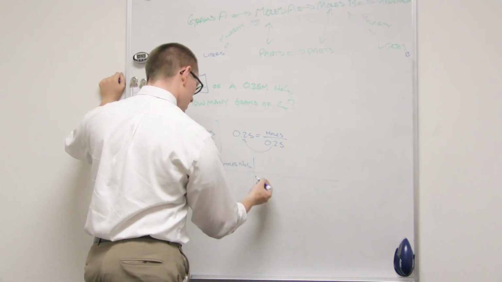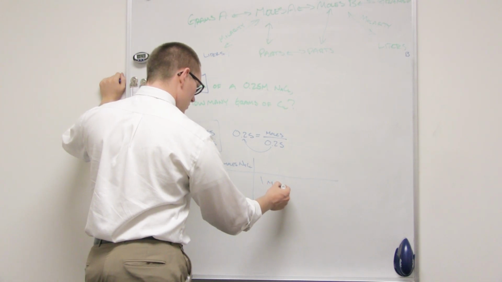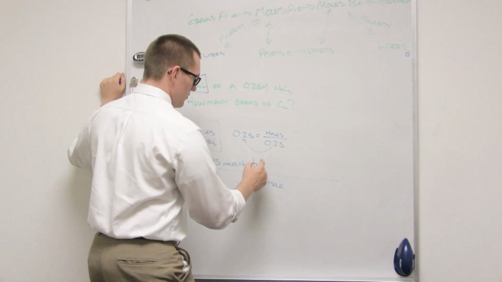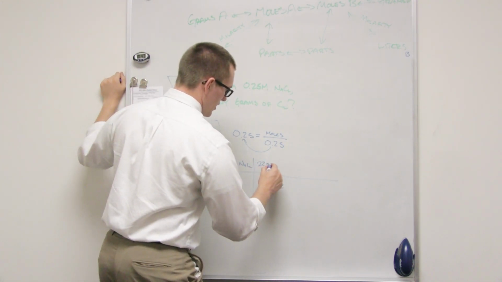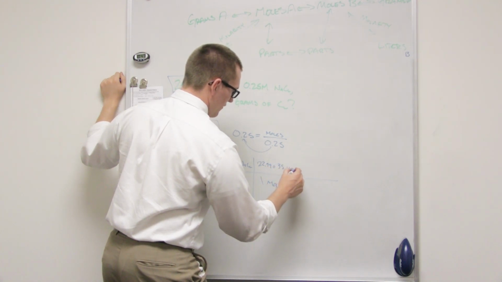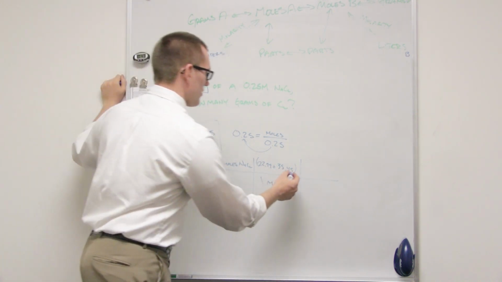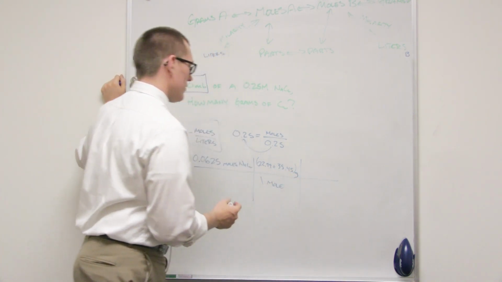And then the process that we did before, we did 1 mole is equal to 22.99 plus 35.45, right? That gives us how many grams there are.